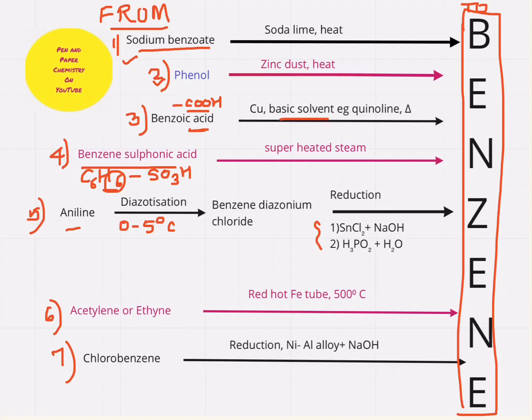Acetylene or ethyne. Remember, we spoke about polymerization? Yes, very good. Go ahead and write the reaction of polymerization of acetylene or ethyne. C2H2 polymerizes to give you C6H6. So how many ethyne? Yes, very good. If you remember the mechanism, it's not exactly the mechanism, the different way that we wrote this reaction.